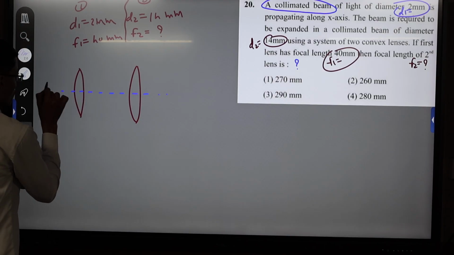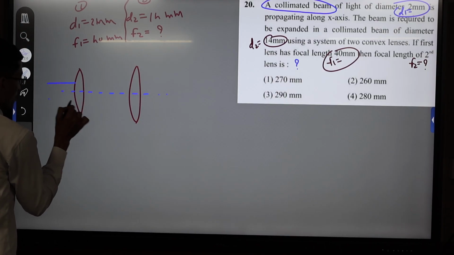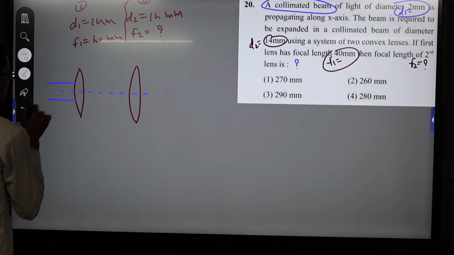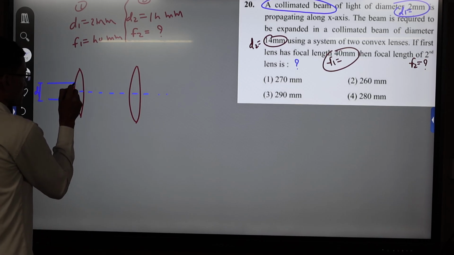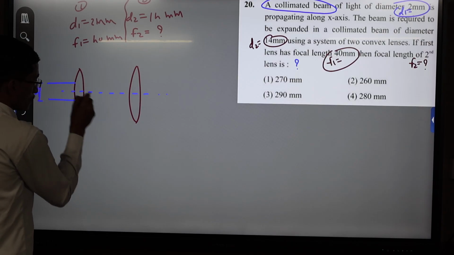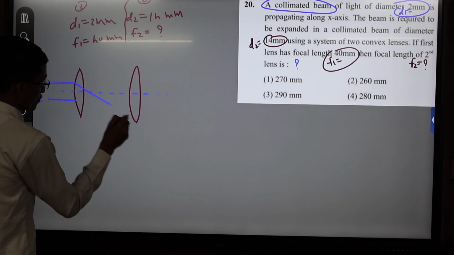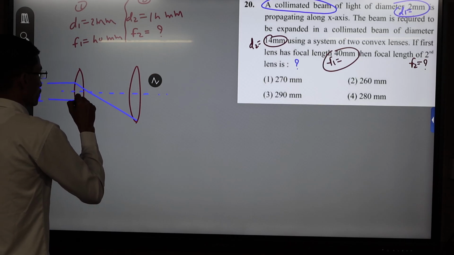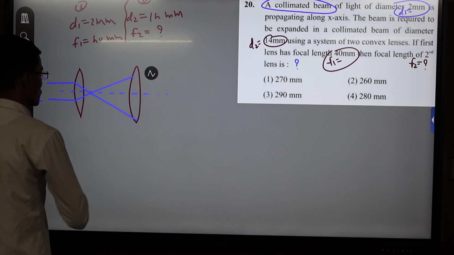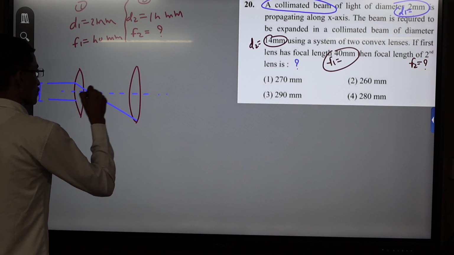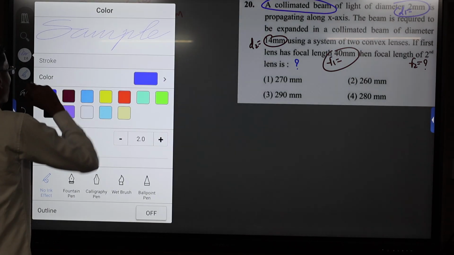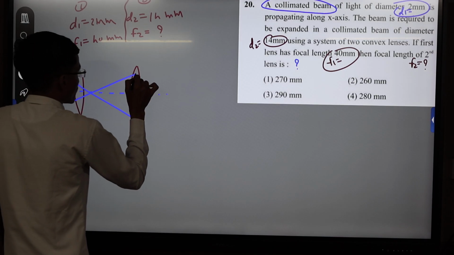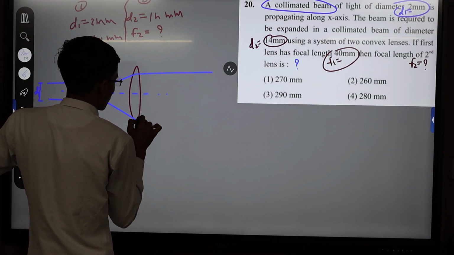Initially, light is coming like this, and the diameter of this light is d1. After refracting from this lens, this will become wider like this. And now this light will become parallel and go like this.